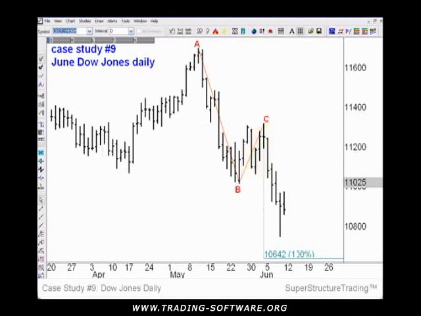So now we can project down using the extreme double top projection off of this range here, from the low in between to the second high, and we can project down and see where the 2.618 calculation would come in. Here the 2.618 extreme extension off of the double top comes in very close to the 100% measure move extension. Let's see what the next few bars bring. Here the market turns back down.